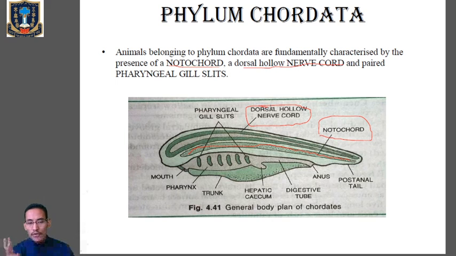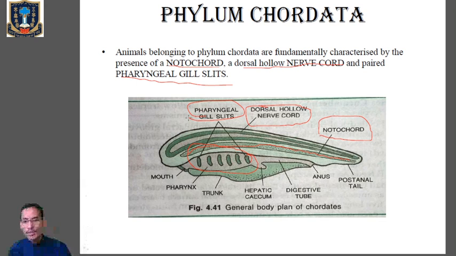The third feature is the presence of paired pharyngeal gill slits. You can see over here the pharyngeal gill slits. These are usually present in their life at a certain period of time only.